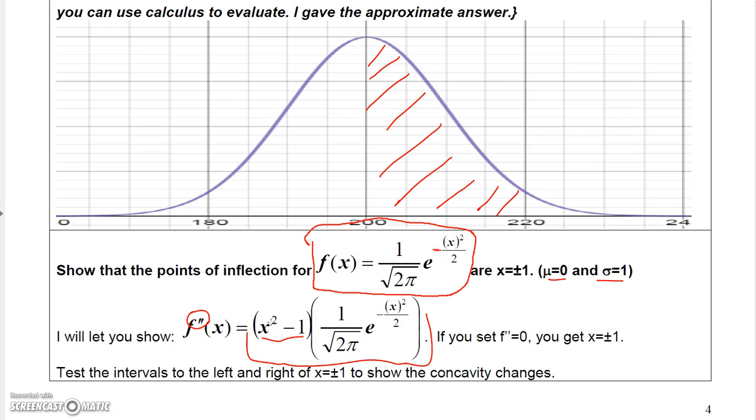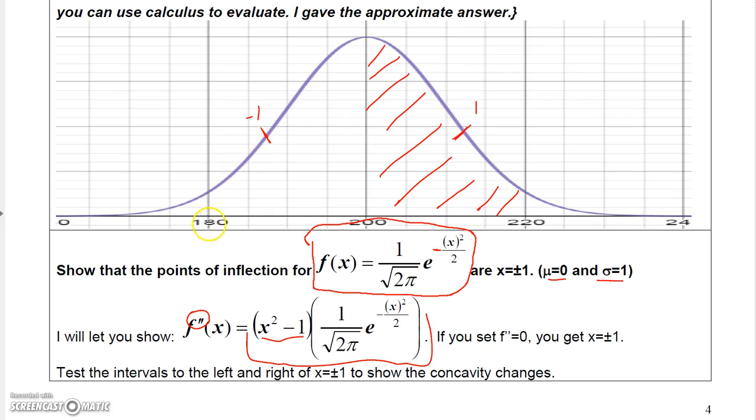So if you found the second derivative, you would get this, and then this is equal to 0 when x is equal to plus or minus 1, and you could actually test the intervals and show that when x is negative 1 and x is plus 1, you get points of inflection. So it would actually change curvature from concave up to concave down, then back to concave up at x equal negative 1 and x equal plus 1.